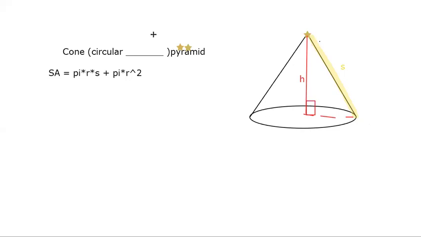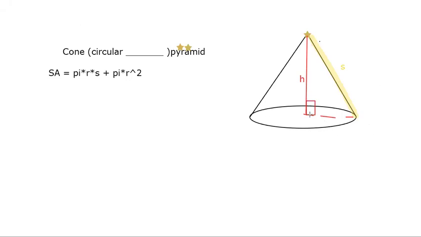So you're probably going to have to use the Pythagorean theorem to find the slant height, which you can do. C squared equals A squared plus B squared. And the H is just one of your legs of your right triangle. No big deal. So you can always find the slant height if it's not given to you. Sometimes they'll give it to you.